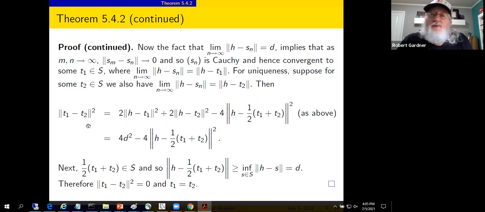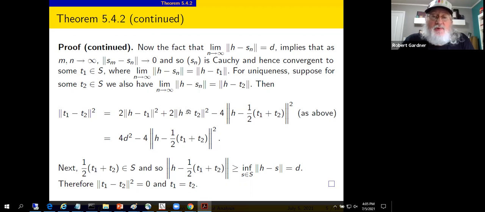Let's look at the norm of T1 minus T2, norm squared. Parallelogram law again, so same type of argument we had above, except this time using T1 minus T2 instead of, I think we had S sub m minus S sub n on the previous slide, but same type of argument. Here, we've actually assumed that these norms equal D, the limit value.